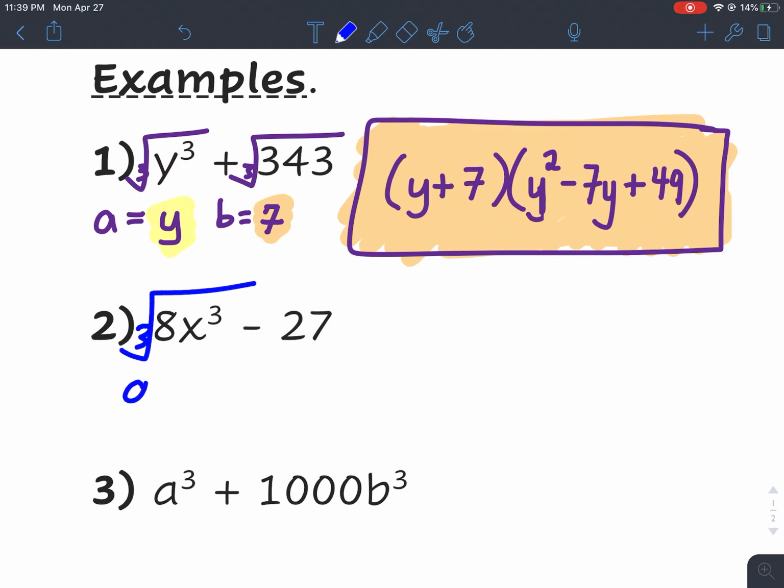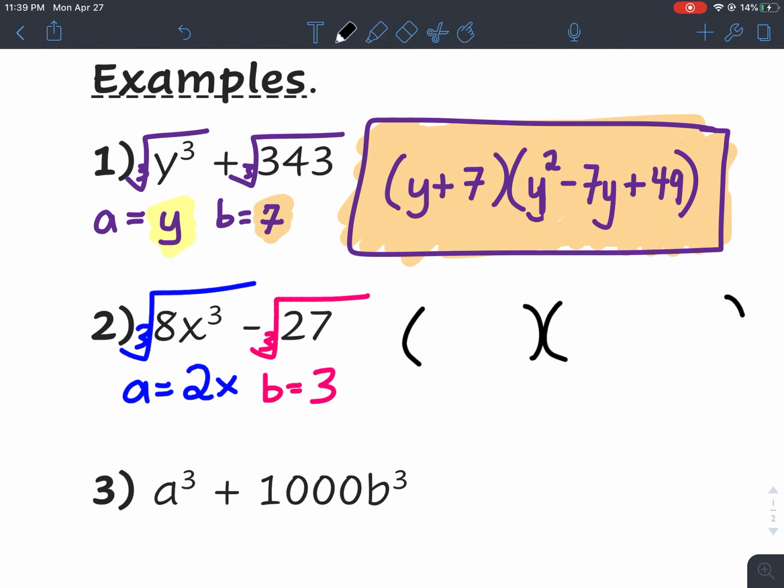So what times what times what is 8x cubed? It would be 2x, because 2x times 2x times 2x is 8x cubed. Okay, and then we take the cube root of 27, which would be 3, because 3 times 3 times 3 is 27. So A is 2x, B is 3.